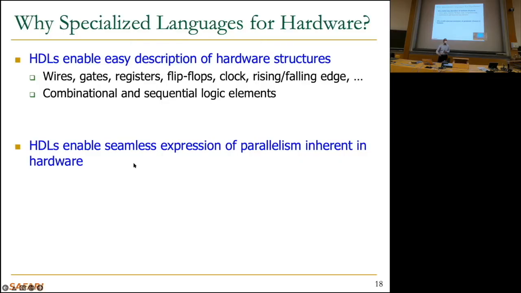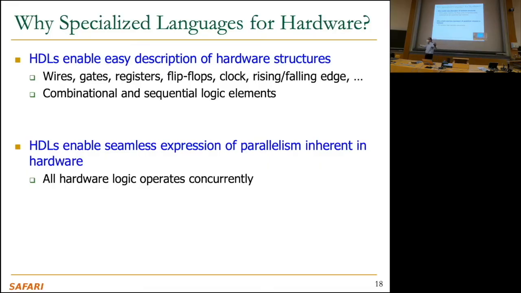So the second thing that's even harder in existing software languages like Python or Java or C++ or C, even though C is at the very low levels of the stack, is a seamless expression of parallelism. If you look at hardware, it's extremely parallel. If you look at a chip that I showed you earlier, everything happens concurrently. Clock goes everywhere, and all of the logic evaluates concurrently.